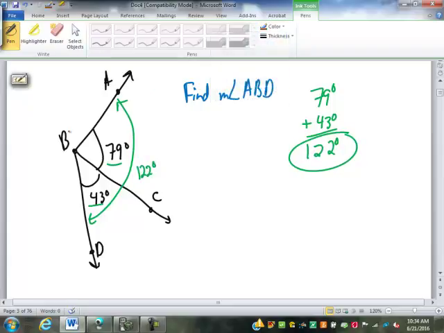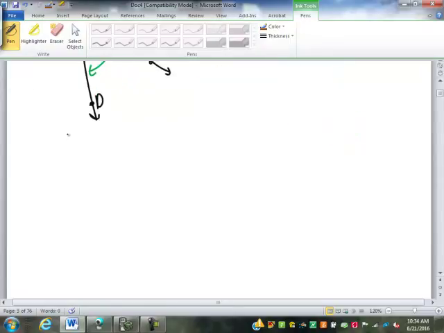Now a slight variation of that, the same concept, would look like this. Now, when I do this with two little arcs in there instead of one, all that is showing me is that the two of them are not equal, that they're different sizes.